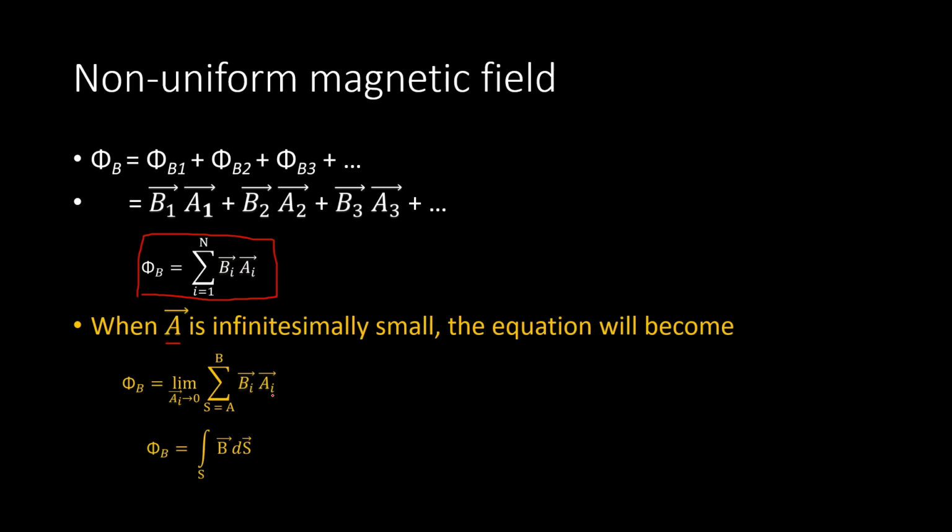The A_i is so small that these small area components will have infinitesimal components of B times A. In this case, we no longer write it as a summation form, we change it to an integral form. Then phi B is equal to the surface integral of B dot dS, where dS is represented by a smaller area A.